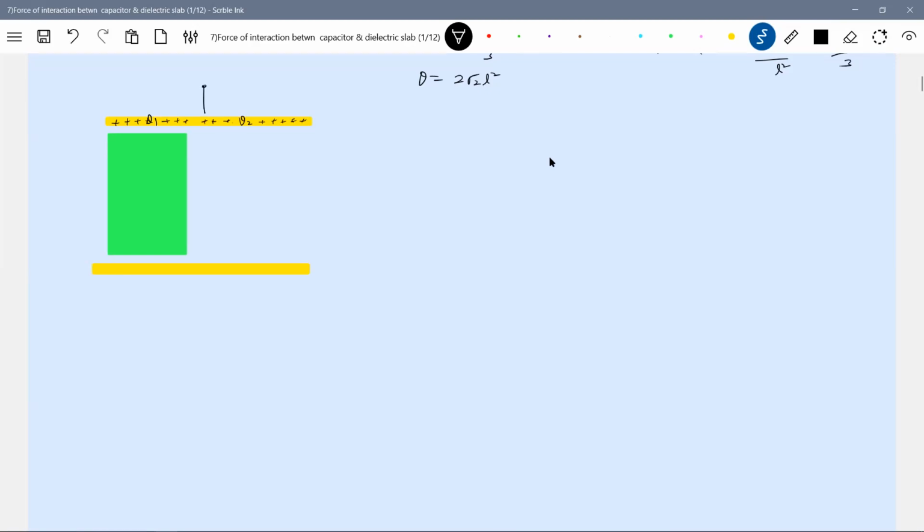Then how much induced charge? Here the induced charge will be negative, no? And here it will be positive. And this will be negative. Now this charge is what is asked, minus Qi.